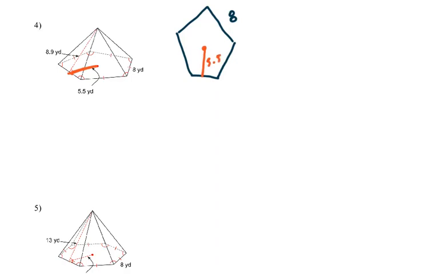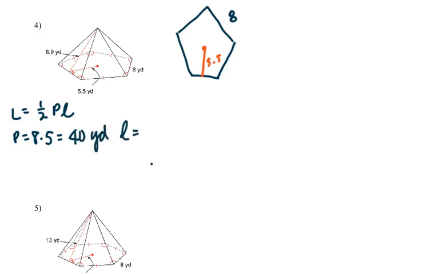So let's go ahead and start with our lateral area. Our lateral area is half of the perimeter times the slant height. The perimeter is 8 times 5, because we've got 5 sides, so it's 40 yards. And our slant height has been given right here as 8.9.